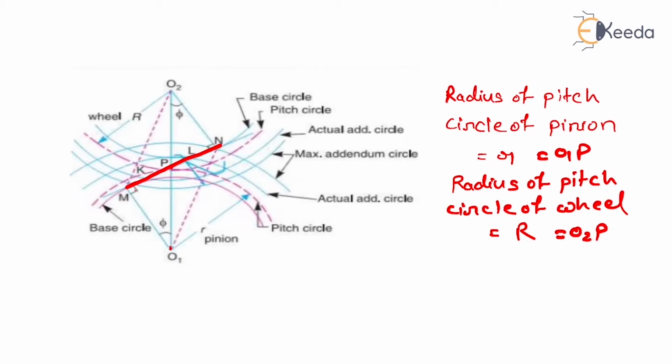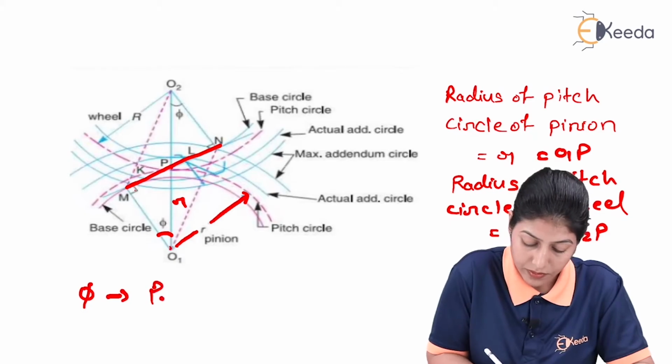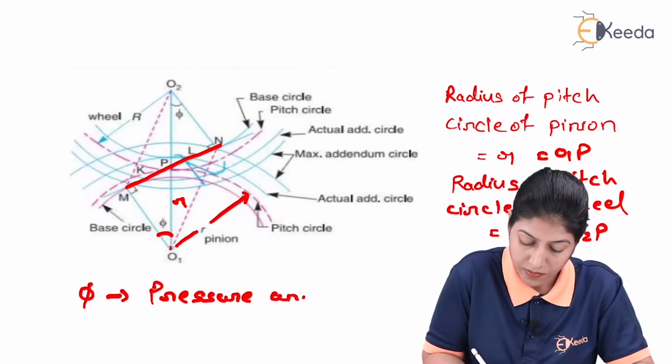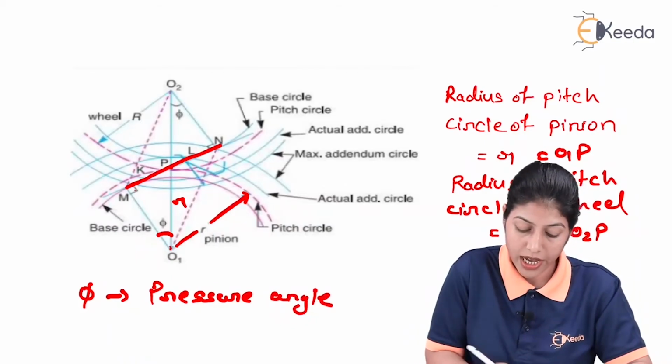Considering the first triangle O1MP, we have to define the MP value. O1P is small r, and the pressure angle is phi, also called the angle of obliquity.